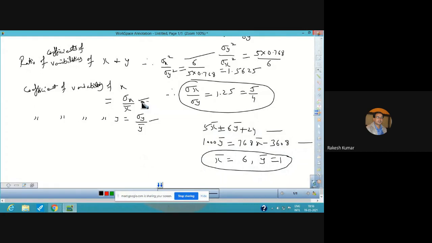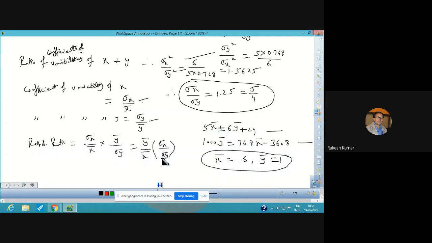The required ratio is sigma x over x bar into y bar over sigma y. So y bar upon x bar into sigma x over sigma y.